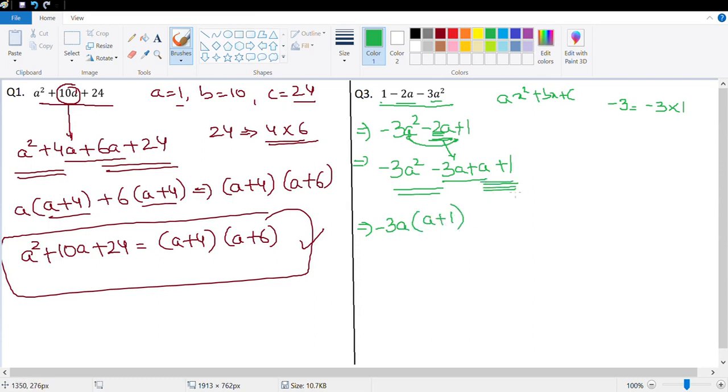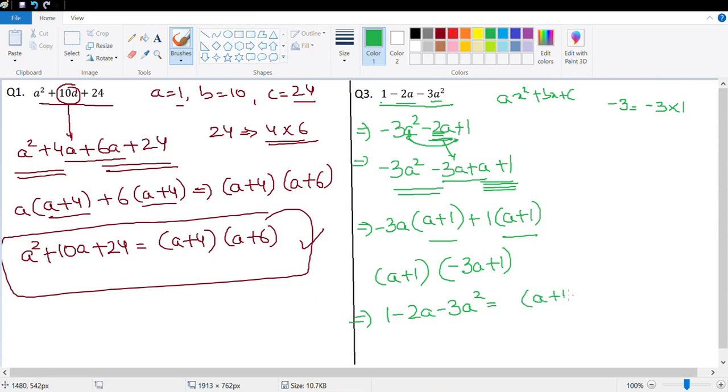What's common between the next two elements is 1, so this is a plus 1. What's common between these two terms is a plus 1. If I take a plus 1 common, I am left with negative 3a plus 1. So I could write my answer as 1 minus 2a minus 3a square is equal to a plus 1 times 1 minus 3a. That's my final answer.